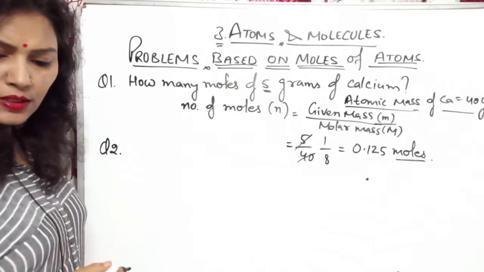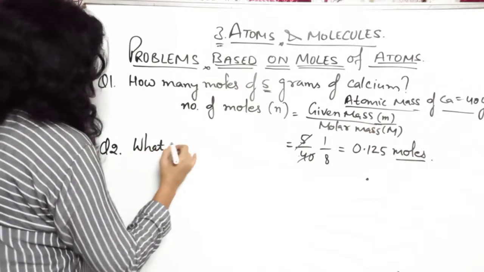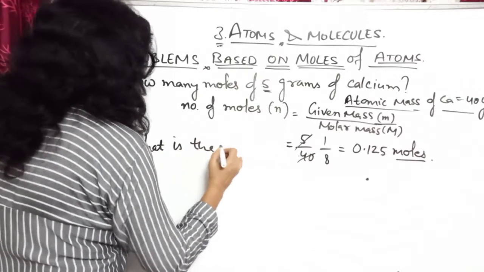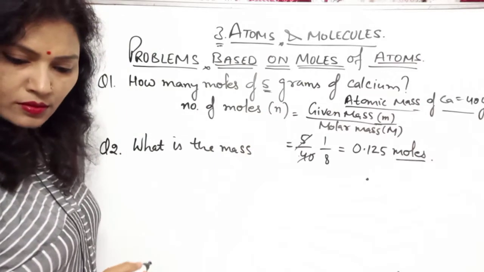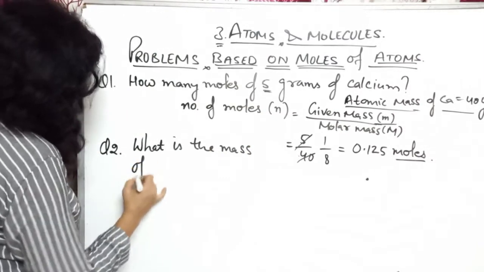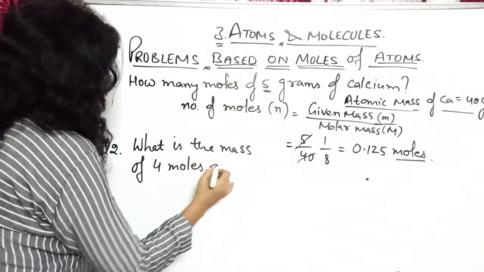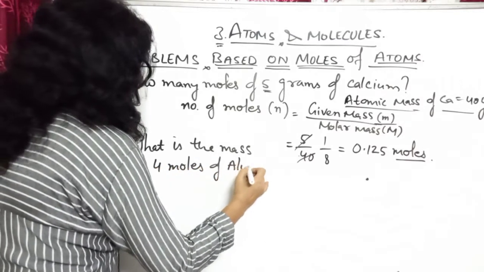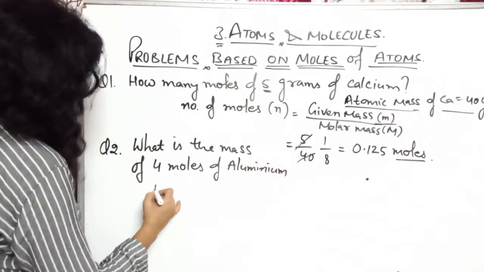Second problem: what is the mass of 4 moles of aluminum atoms?